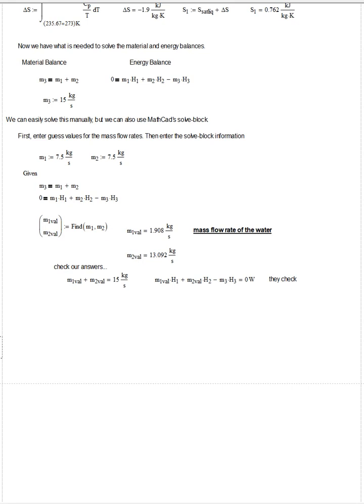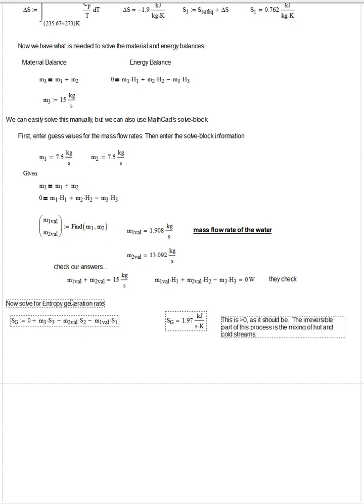Now we're able to solve for the entropy generation rate. That is just taking our entropy generation equation and plugging in M1 and M2. Notice that I've now changed it to M2val and M1val, because M1 and M2 are defined as unknowns here in MathCAD.